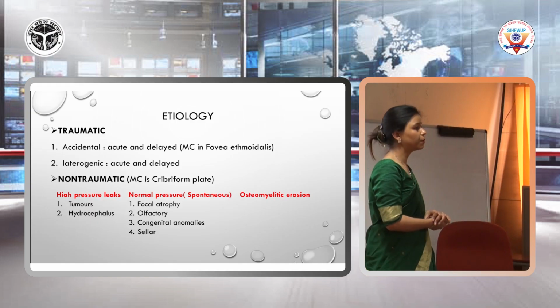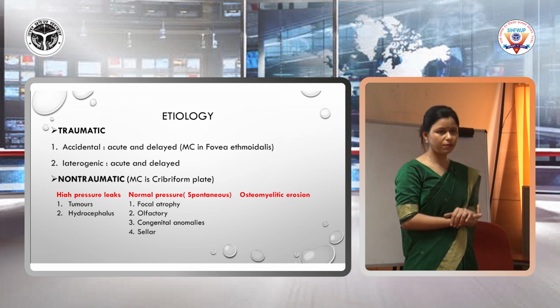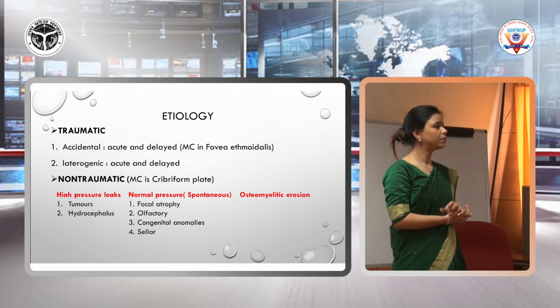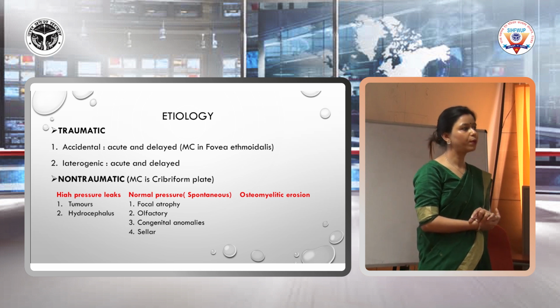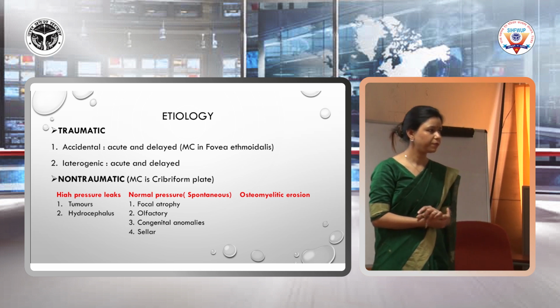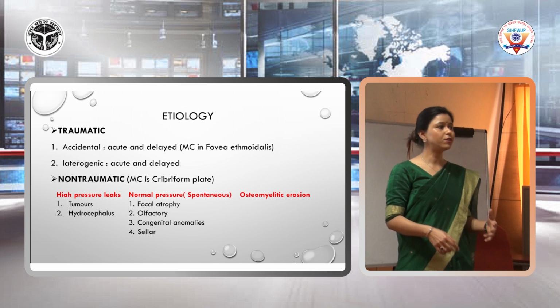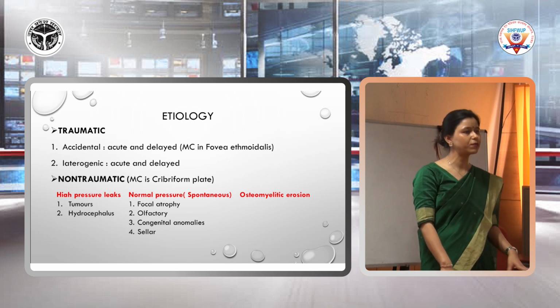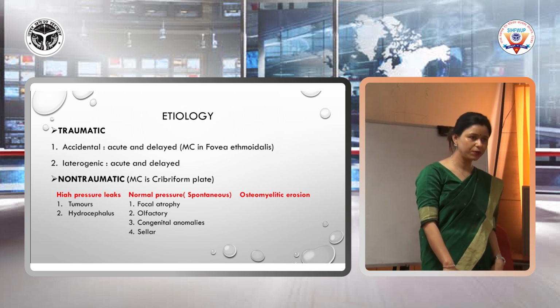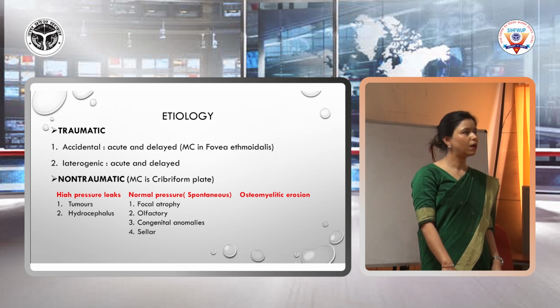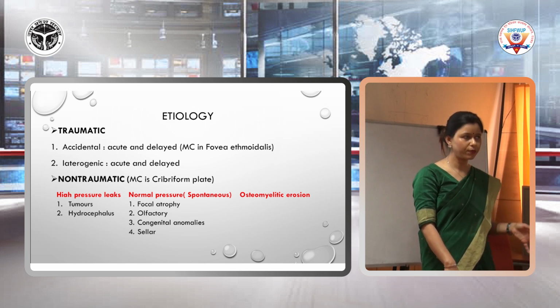Then congenital anomalies, which include persistence of dehiscences. There could be dehiscences like the lateral craniopharyngeal canal, which we also know as Sternberg's canal. In relation to CSF rhinorrhea, there is a lot of discussion about Sternberg's canal, but now there's a lot of controversy also.